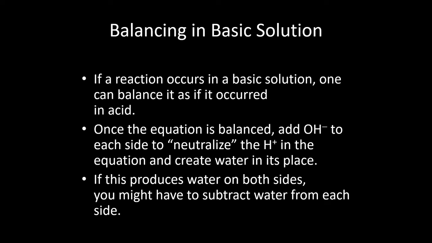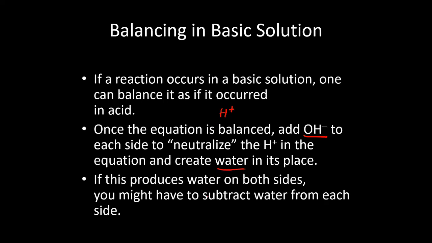So we're going to treat the balancing the exact same way we did up to this point. The only difference is if at the end of the balancing we have some H plus in our balanced equation, we're going to add OH minus to both sides of the reaction in order to neutralize that H plus into water.